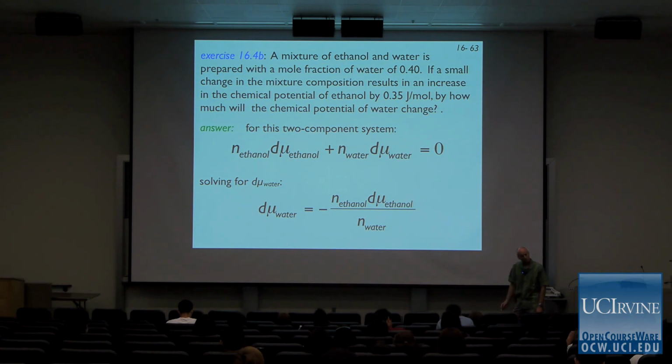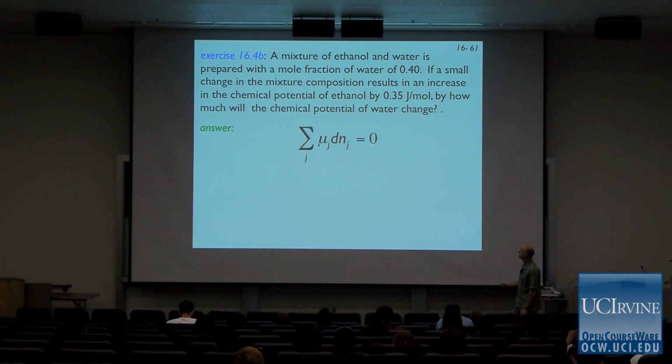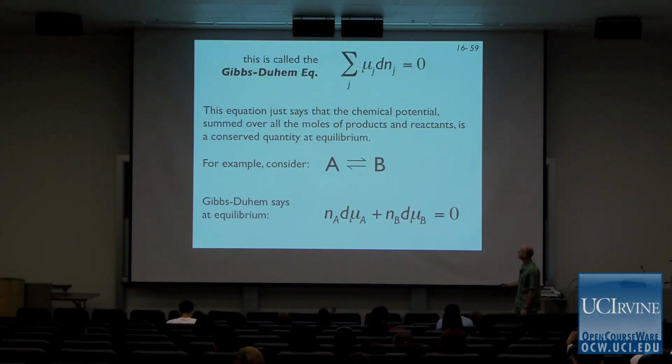So one time it's the moles that are changing with just one mu, and the other time it's the mu that's changing. Go back to the previous slide. I think you wrote it down differently. One before that. Right there. I think it should be the other way around. Where you wrote this, it's mu dn, and at the bottom it's n d mu. Does that not matter?